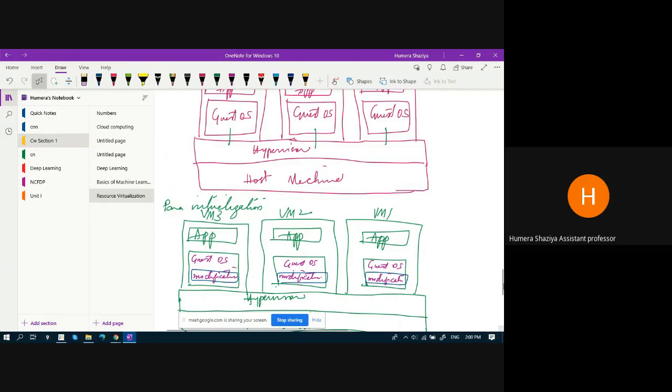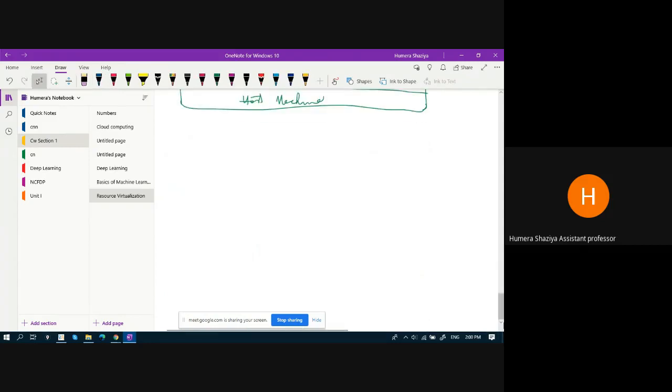Okay, so the last one is hardware assisted virtualization. It is about having virtualization built directly into the hardware. So far, whatever we saw was implemented at the software level. But suppose you implement the virtualization directly in the hardware.